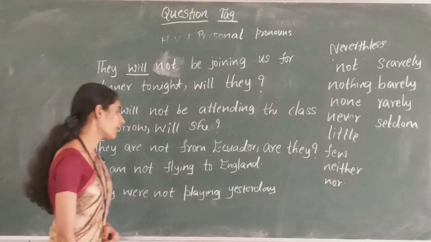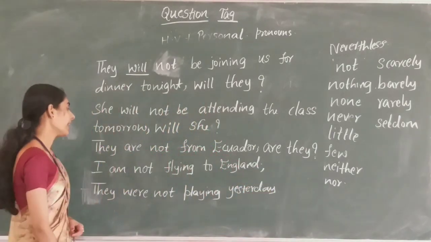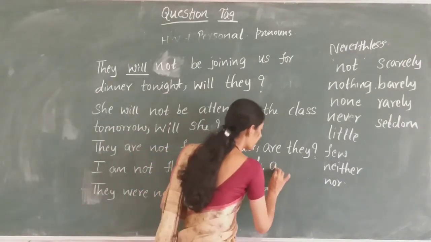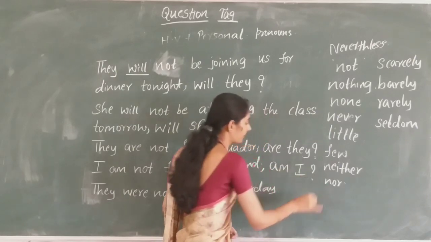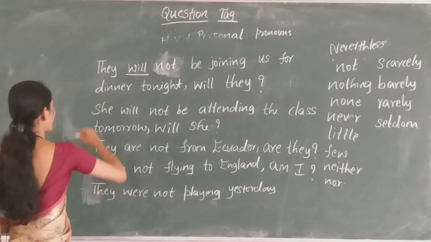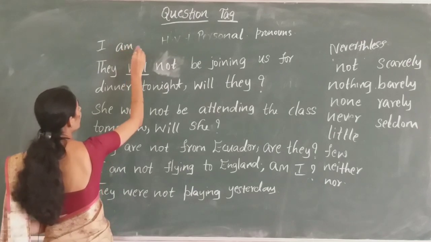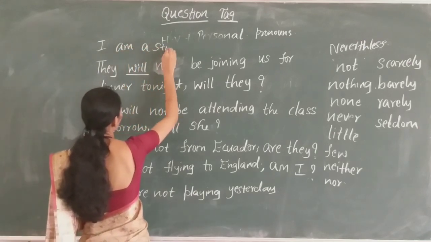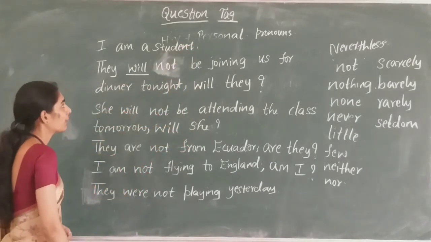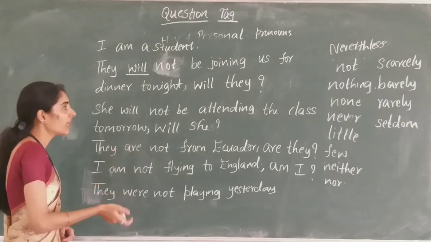I am not flying to England. So now how do you frame or write tag here? I am not. So am I. Am I. For example, just for example, if you get a question, I am a student. I am a student. So how do you frame question tag for this? You cannot write amn't. That is a wrong usage.